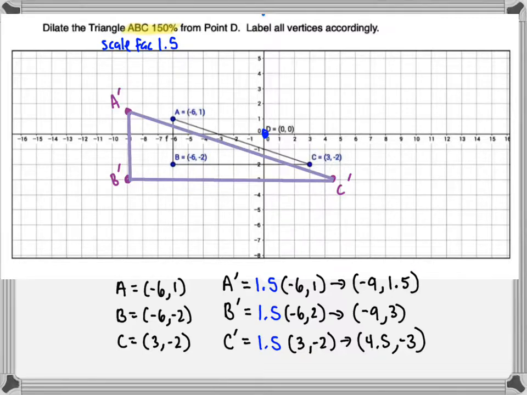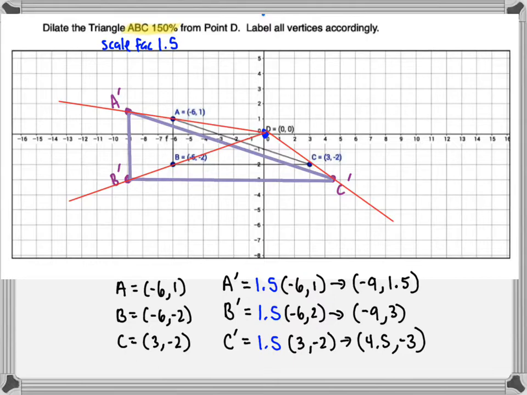Now we can show that each of these points is collinear: A and A prime with the point of dilation, B and B prime with the point of dilation, and the same for C. So let's take a look at that. Okay, so that collinear attribute holds up.